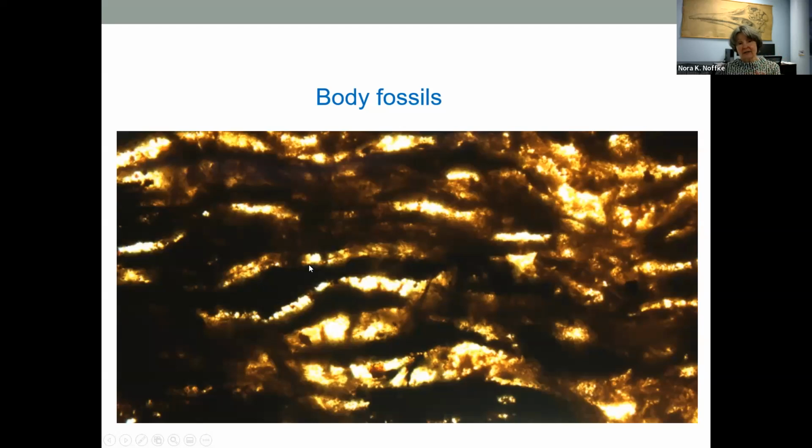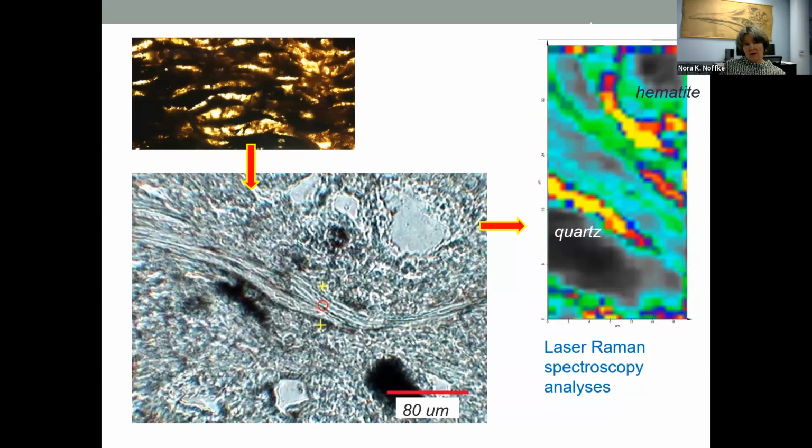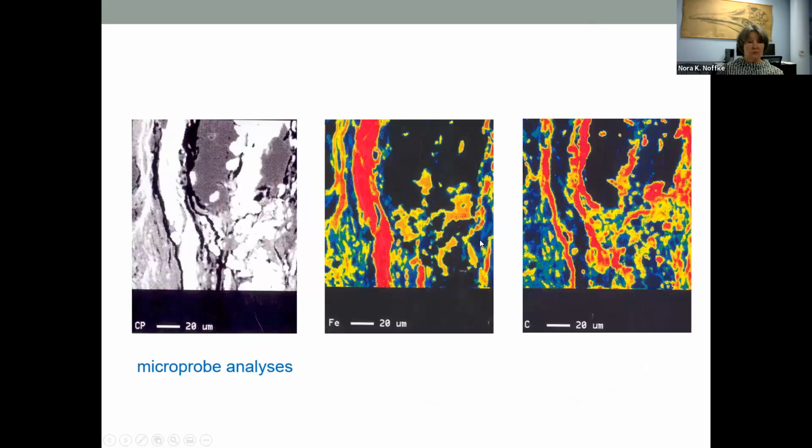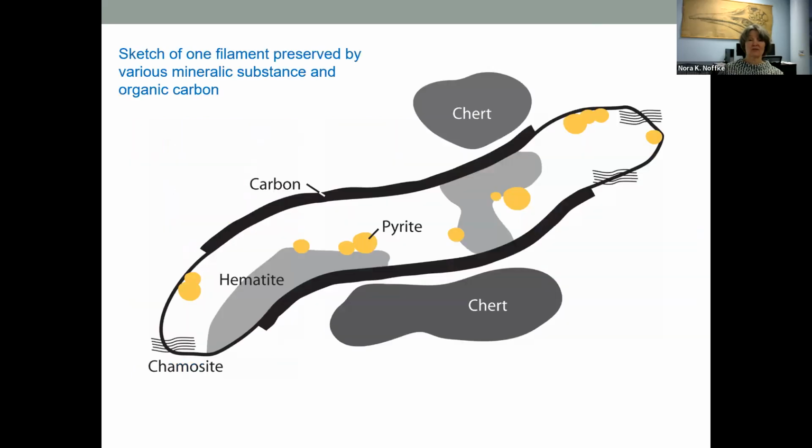So we can analyze the chemical and mineralogical composition of filaments by using all kinds of technology, for instance, laser Raman spectroscopy. We can do microprobe analysis. And what we commonly find in Archean, specifically clastic material, is the following composition of filaments.